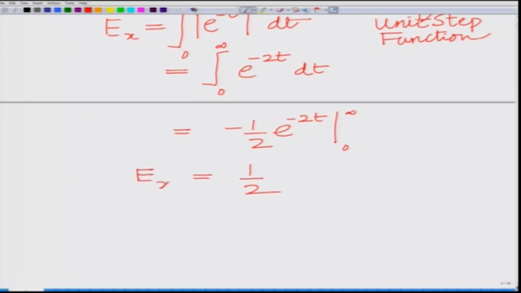So, we obtain a total signal energy Ex equal to half for x(t) equals e to the power of minus t times u(t). That is the energy of this signal.